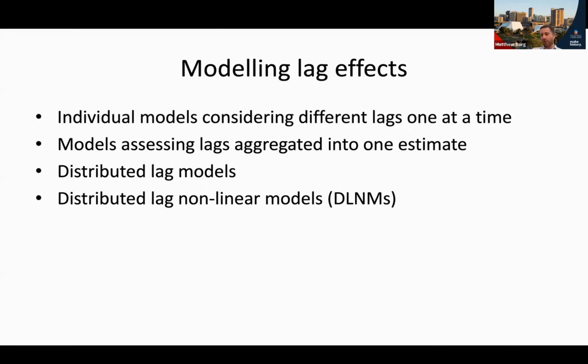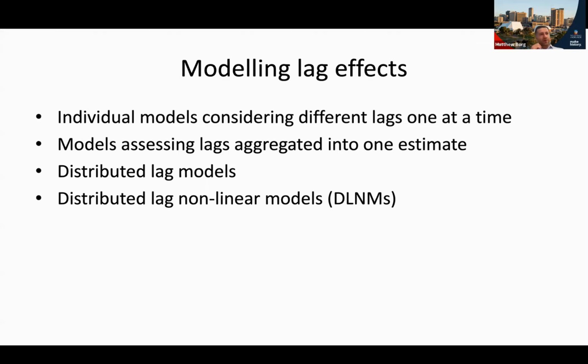Say one model for immediate heat, one model for heat 1 day ago, another model for 2 days ago, and so forth. This used to be done in the past. It's not common now. One common problem is that there are a lot more models. Two is that each model only considers the effect of that 1 day.